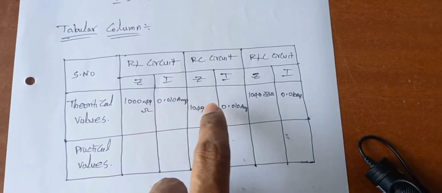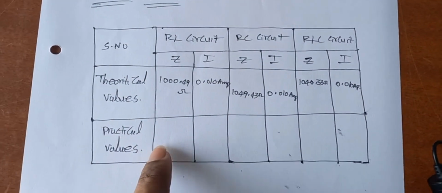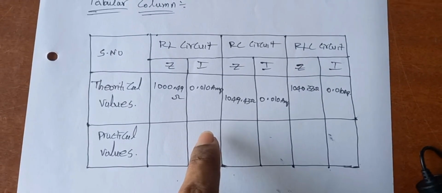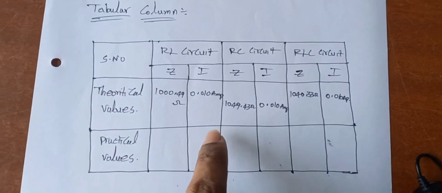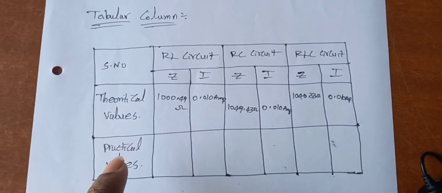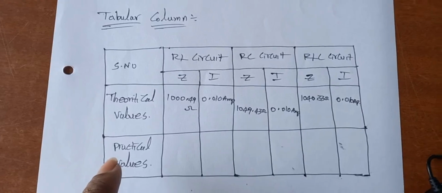In all the conditions the current is the same. Practically, we are going to see what current values we get if we connect the circuit as RL, RC and RLC. Let us wait and see. We are going to connect the circuit and take the practical values.